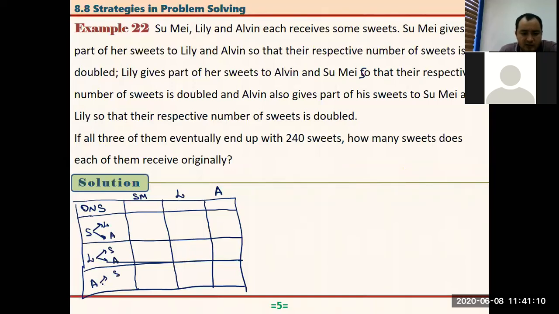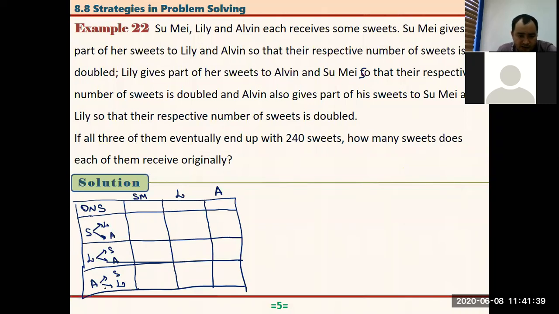Sume and Lily, right? It says that Alvin also gives part of his sweets to Sume and Lily, so that their respective number of sweets is doubled. If all three of them eventually end up with 240 sweets, how many sweets does each of them receive originally?